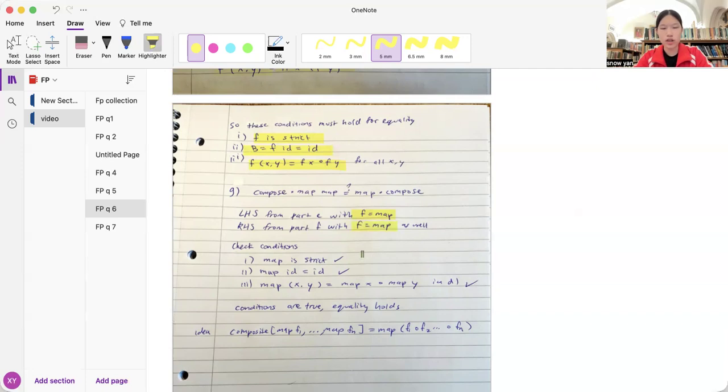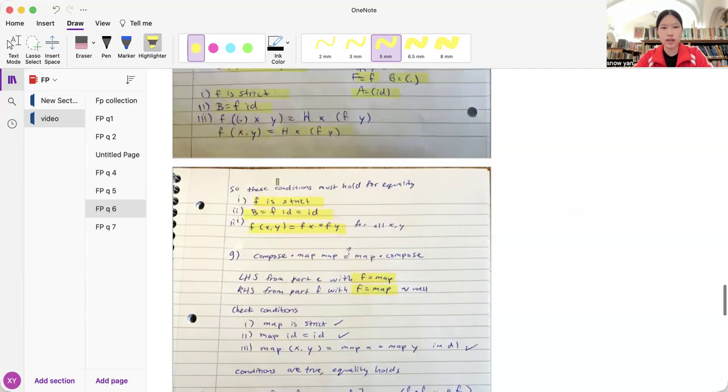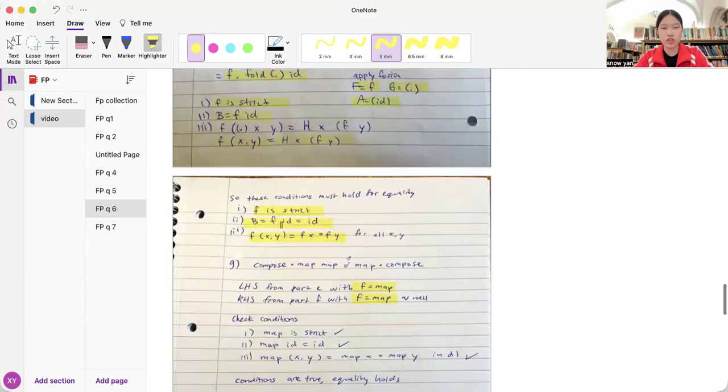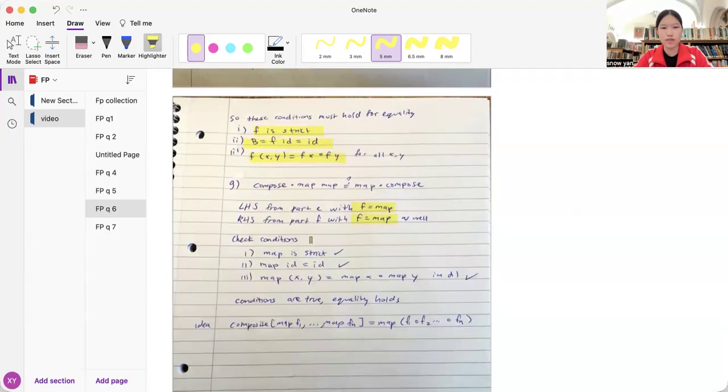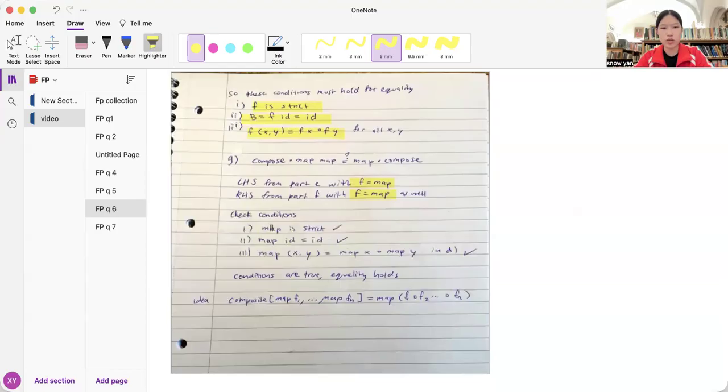And then we would just check that before we just said in the later part that we have these three conditions that must be true for E and F to be the same. So then we just check, okay, map is strict. Yeah. Map identity would be identity. Yes, that's true. And the map of X composed of Y is equal to map X of map Y. And we just proved this identity in part D, so that's true. So since all the three conditions are true, then equality holds. So hence it's the same.